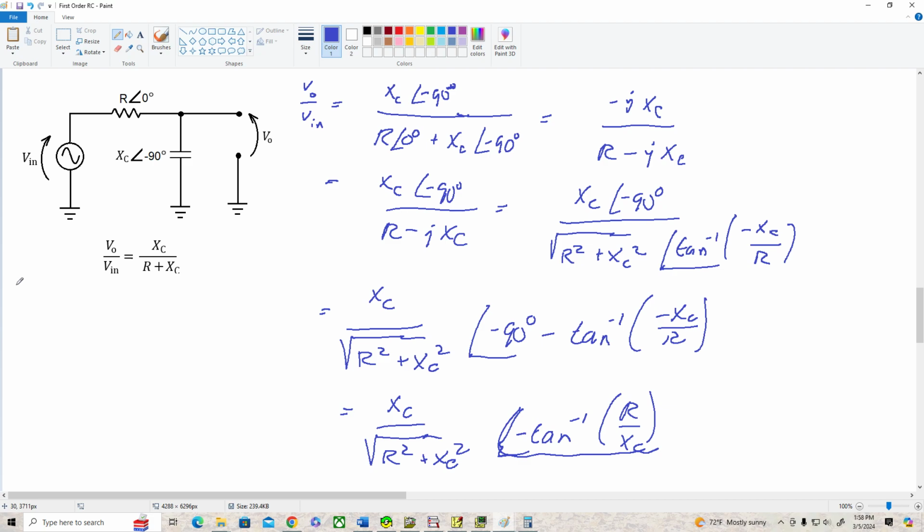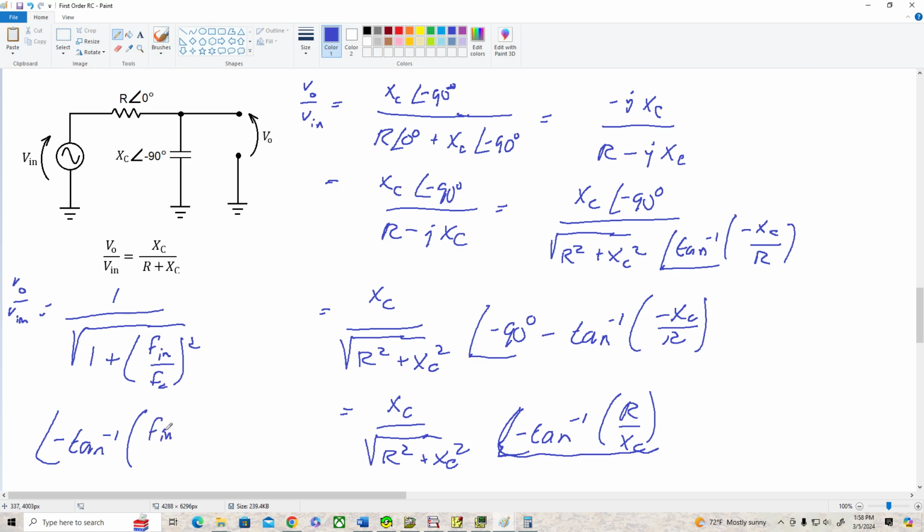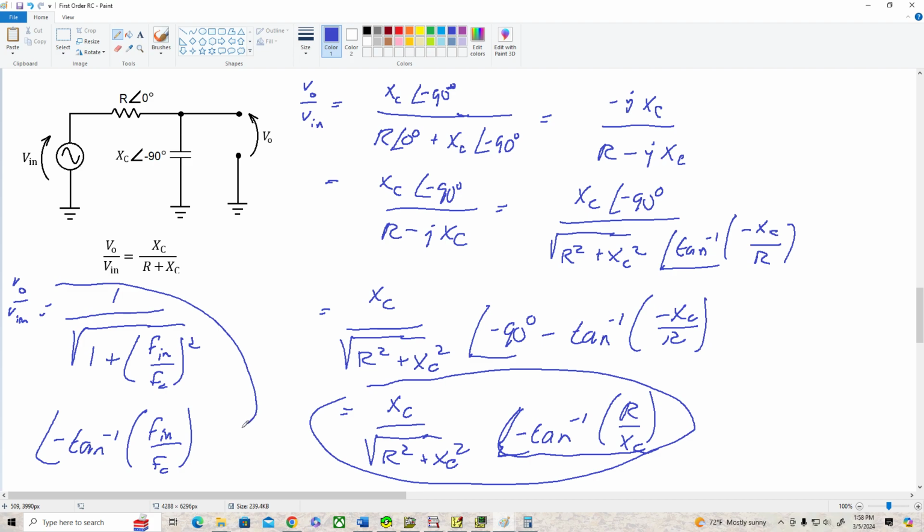So V out over V in can also be determined through 1 over the square root of 1 plus the quantity F in over FC squared, at a phase angle of negative arctangent F in over FC. So we have two different equations we can use. This one or this one.